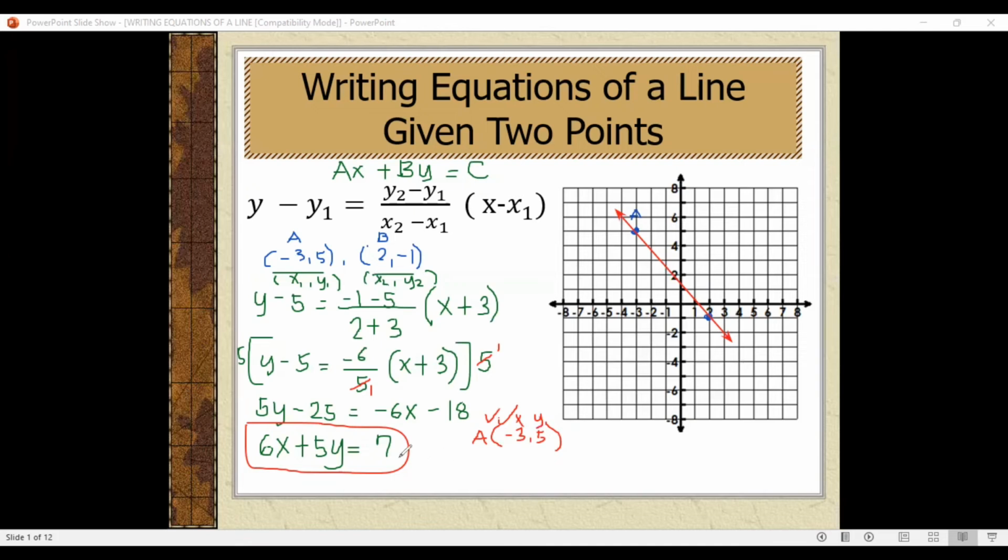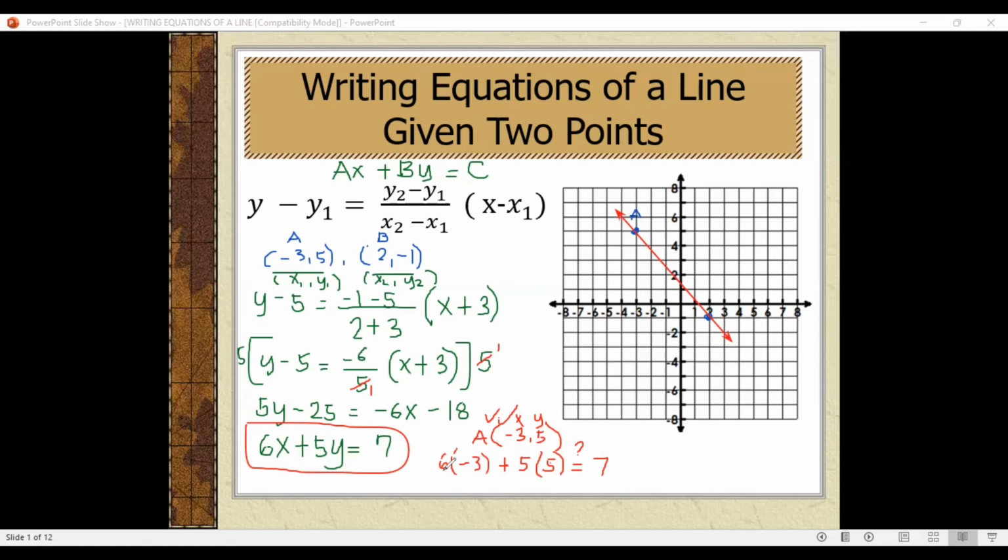So for the checking, we simply have to substitute now 6 multiplied by the x. So here we have -3, and we can add to that 5y, so 5 multiplied by the y here, which is 5. And we are going to check whether this one is really equivalent to 7.